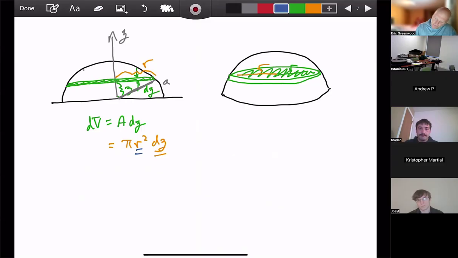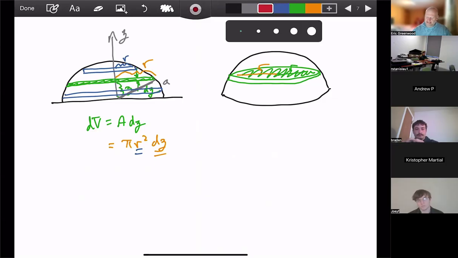Because as I move upward, let's say I cut this portion here, then this r distance here is less than the r distance here, which is then going to be less than the r distance if I chopped it here, right? So r is actually dependent on z. So first thing I'm going to have to do is reparameterize r in terms of z. So how would I do that?